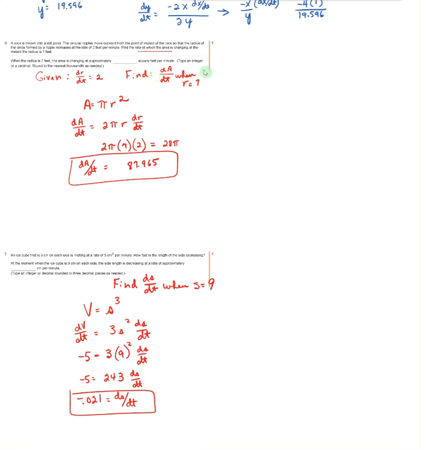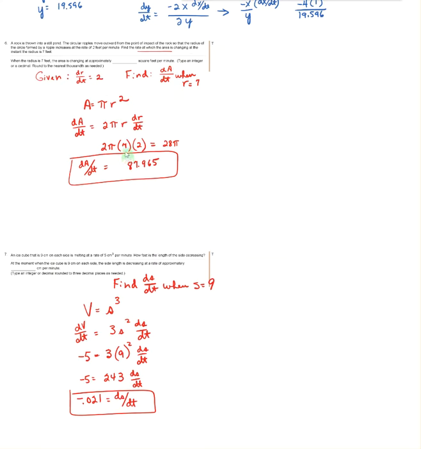So we've written down all our information. Now the formula for the circle, the area of a circle is pi r squared. So let's take the derivative here. dA/dt, that's the derivative of that. Remember, pi is a number, so 2 pi r dr/dt. Now we can plug in everything. We're trying to find this.